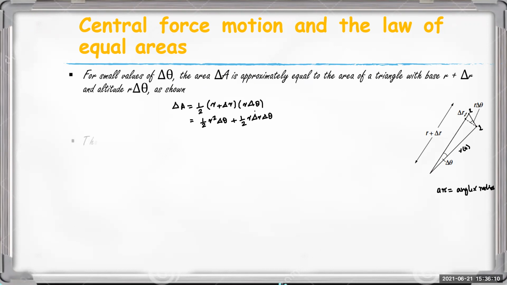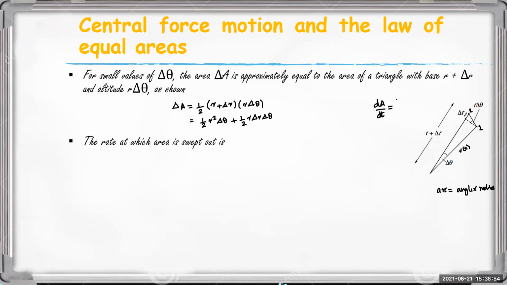Okay. Then for the rate at which the area is swept out, first we have to find the rate of change of area swept out, that is dA divided by dt.